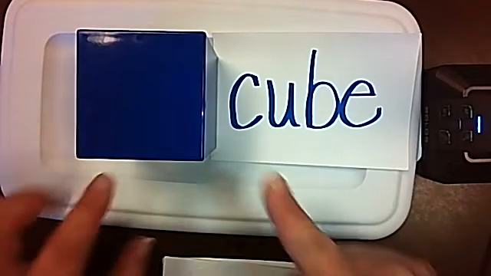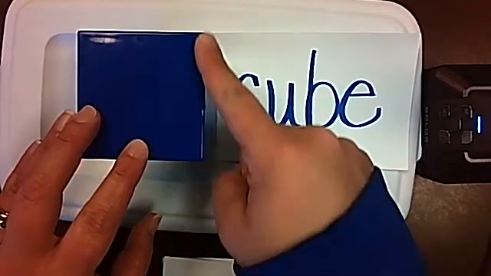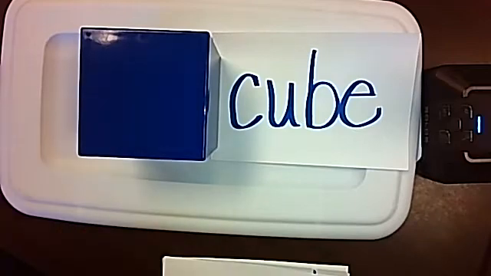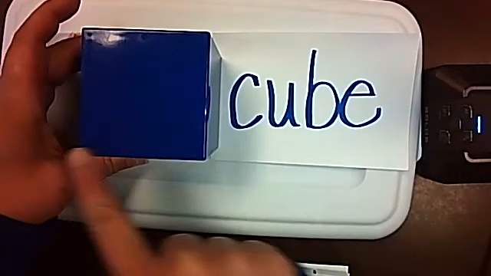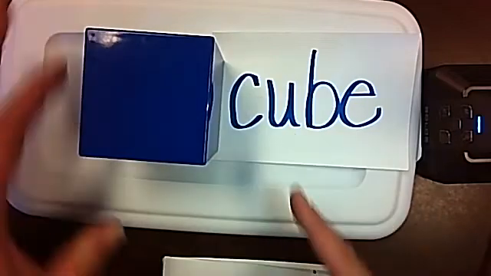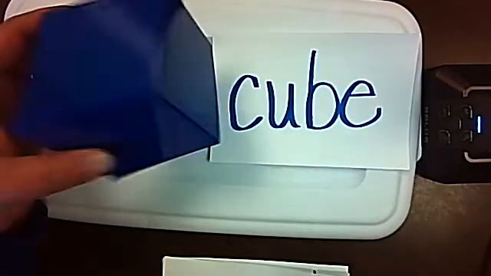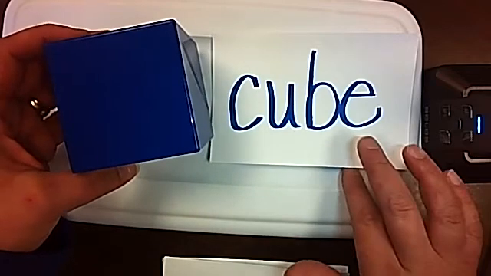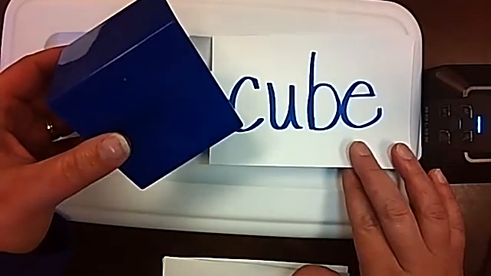And then it has these right here, which are called vertices, the straight edges on a geometric solid. So 1, 2, 3, 4, 5, 6, 7, 8, 9, 10, 11, 12. This has 12 vertices is what they're called. So this is a cube.